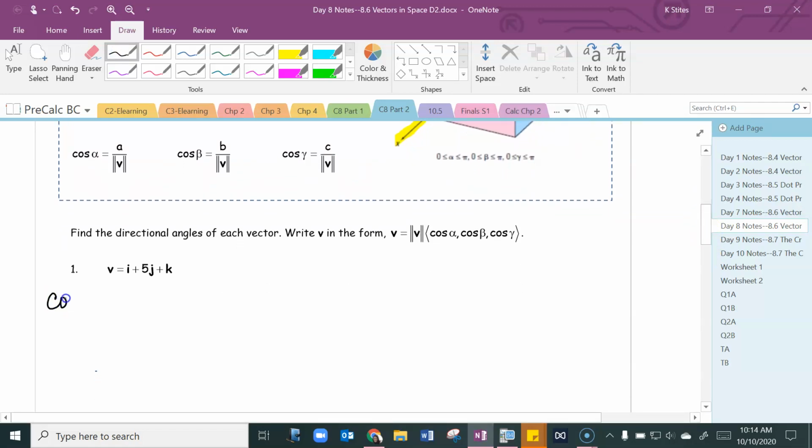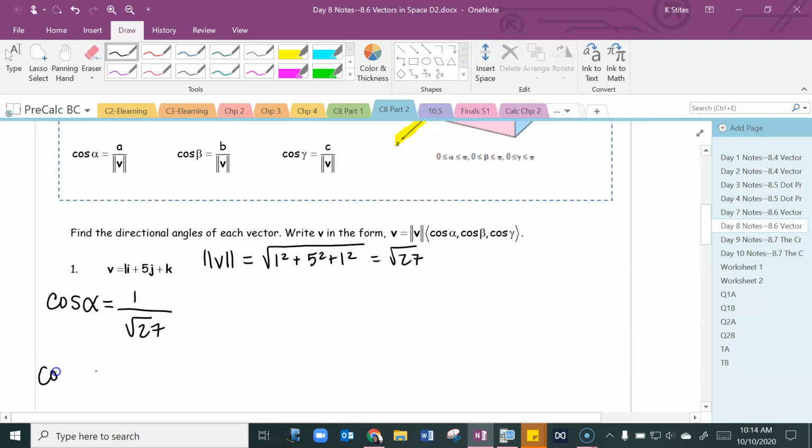Okay, so here's how we do this. Cosine alpha is just the a component, so that's 1 over the magnitude of our vector. Let's find that magnitude right now because we're going to need it for everything. It's just going to be 1 squared plus 5 squared plus 1 squared again. So our magnitude for this vector is the square root of 27. So cosine of alpha is just 1 over root 27.